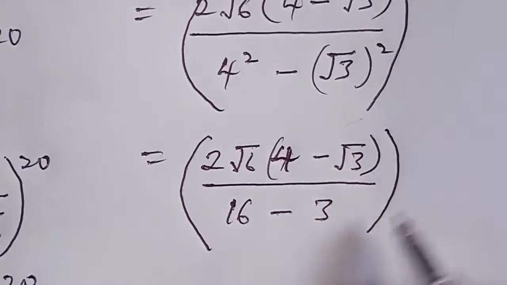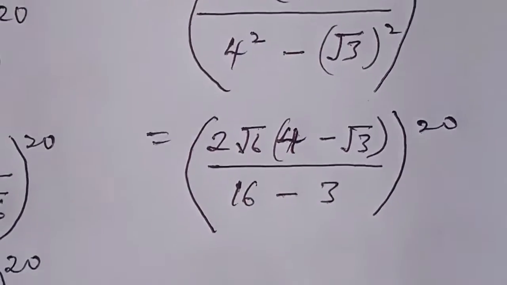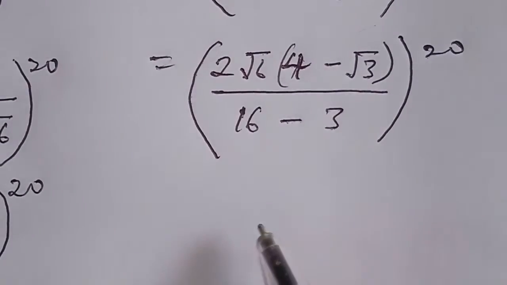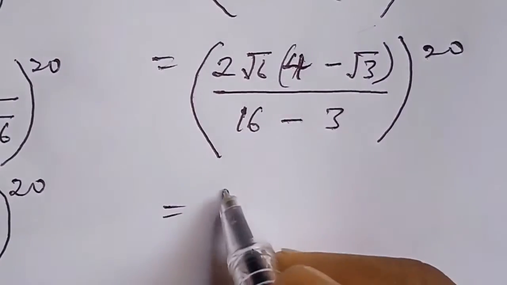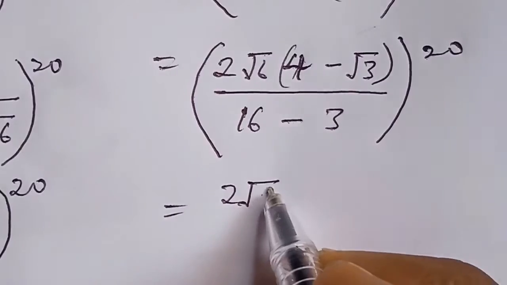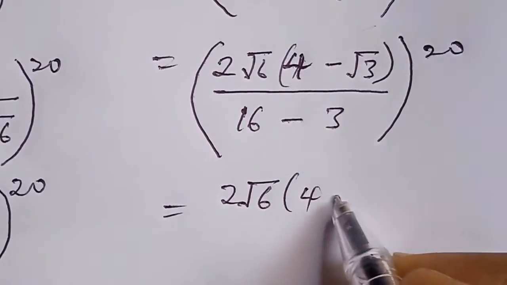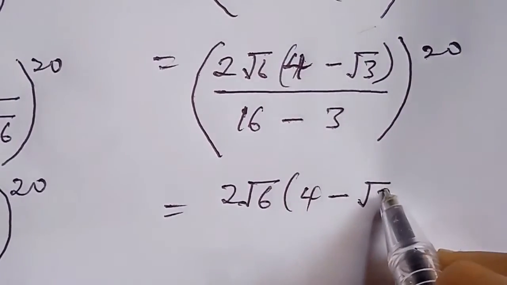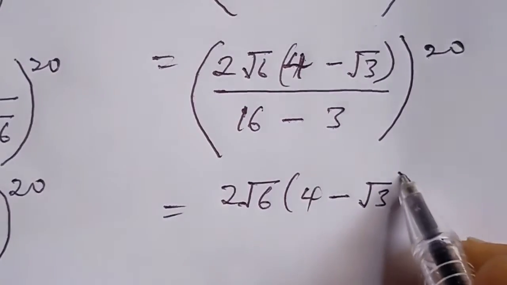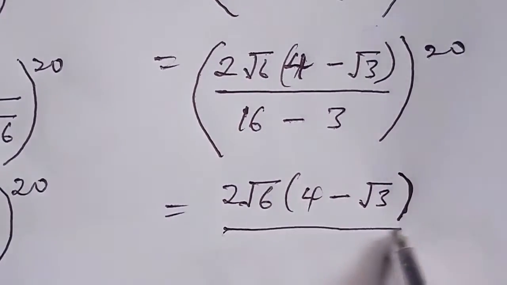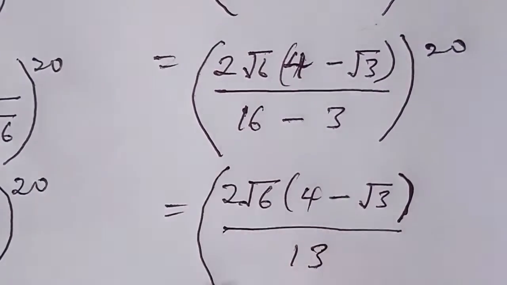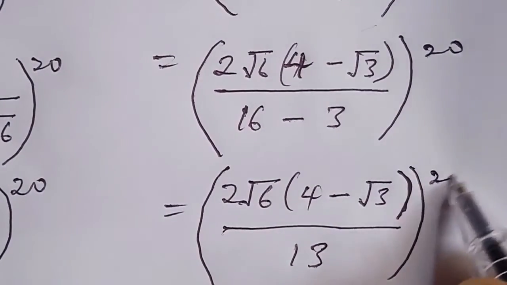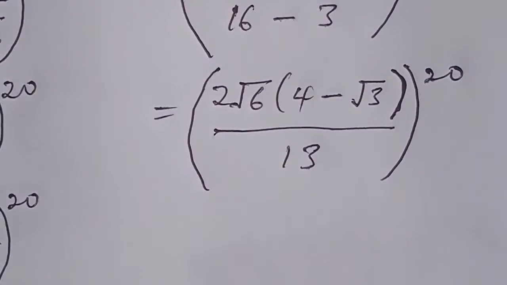Everything into brackets to the power of 20. Now from here we can subtract this. So we have 2 square root of 6 into bracket 4 minus square root of 3, close the bracket, over 13. 16 minus 3 will give us 13. Everything into bracket to the power of 20.